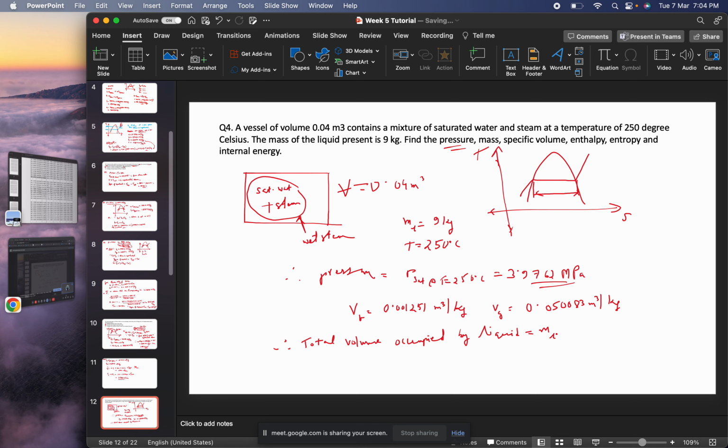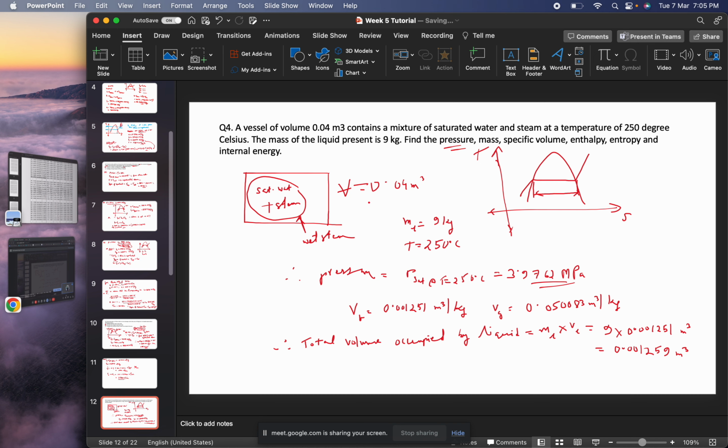Mass of the liquid into V of liquid. Yes or no? So that will be 9 into 0.001251 meter cube. Okay, so that is your 0.01126 meter cube. So this is the total volume occupied by the liquid.